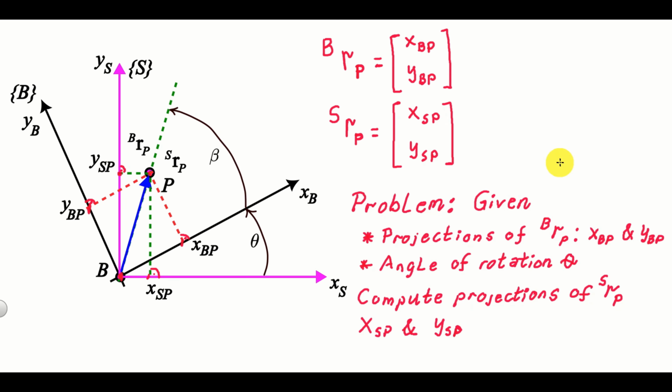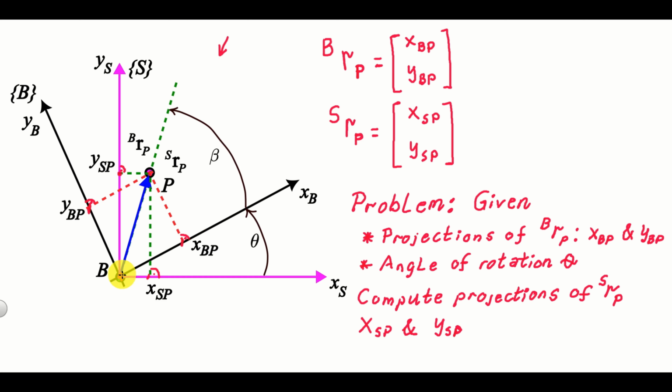Here is the problem. Given the projections of the vector RPB, that is, given XPB and YPB, and given the angle of rotation theta, we need to compute the projections of the vector RPS, that is, we need to compute XSP and YSP. Let's explain this problem formulation graphically.